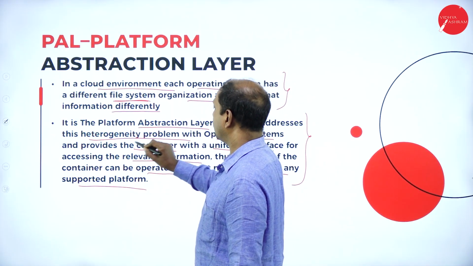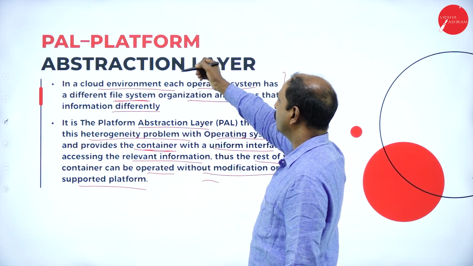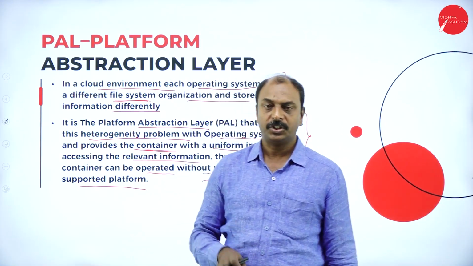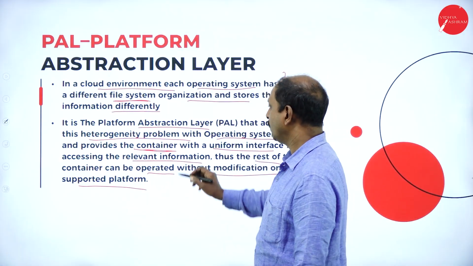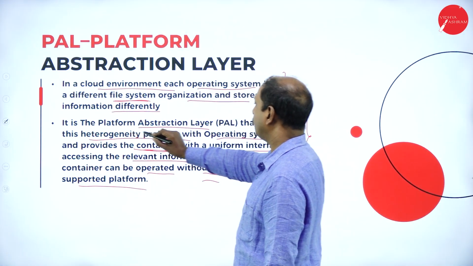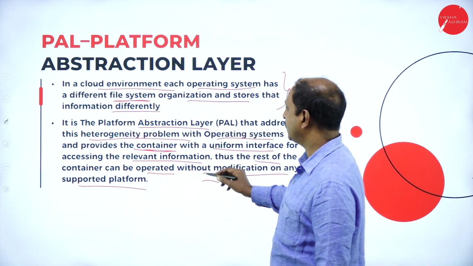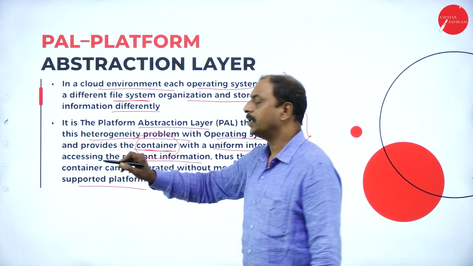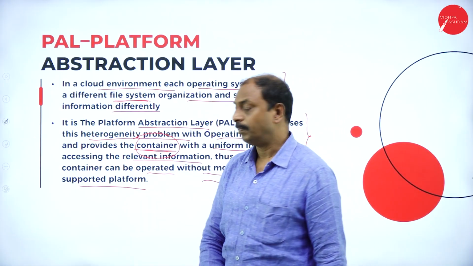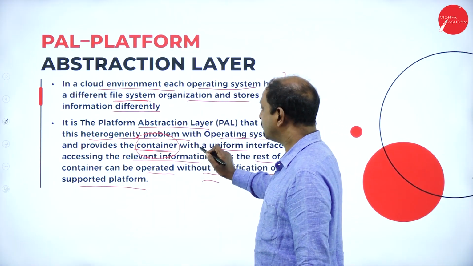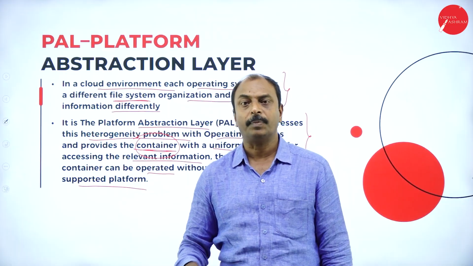As we have seen in the first point, this container is going to store a file system or different types of files from different operating systems. So the platform abstraction layer helps the user access the particular files in the container without any problem, because this container consists of files from different operating systems.